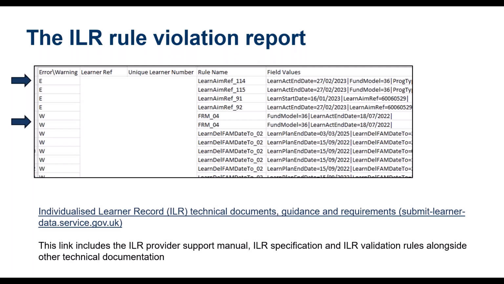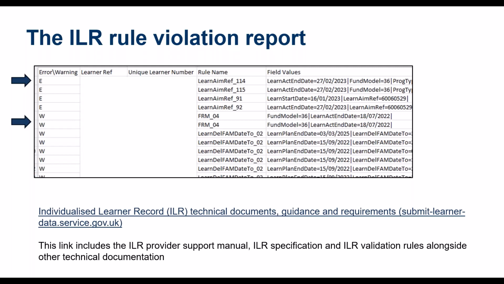So if there's a rule violation error that's not corrected, we do claw back all funding for the entire year. So to earn funding for the learner in the submission window, you need to correct the error in your ILR data and resubmit your file containing all your learners before the ILR monthly deadline.